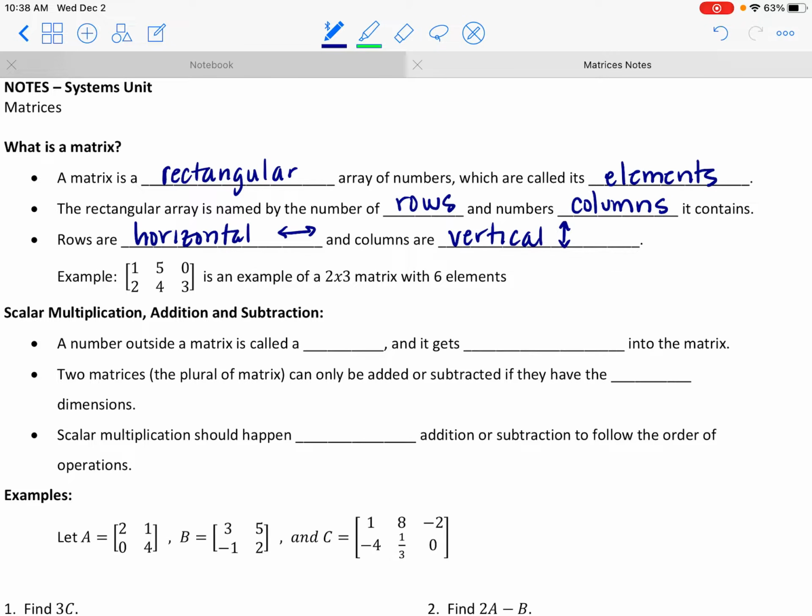So for example here, we're looking at two horizontal rows, and we're looking at 1, 2, 3 vertical columns, so this would be a 2 by 3 matrix. And altogether, there are 6 numbers in that matrix, so those 6 numbers represent the 6 elements of that matrix.